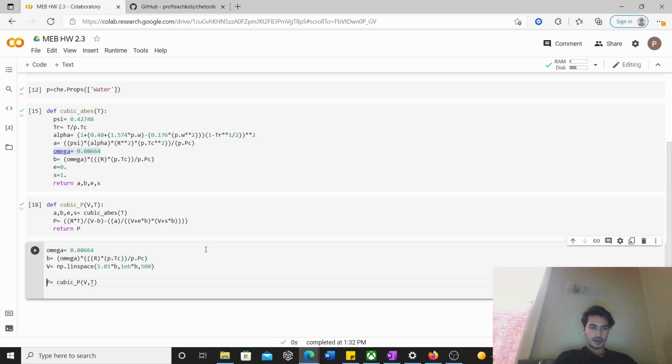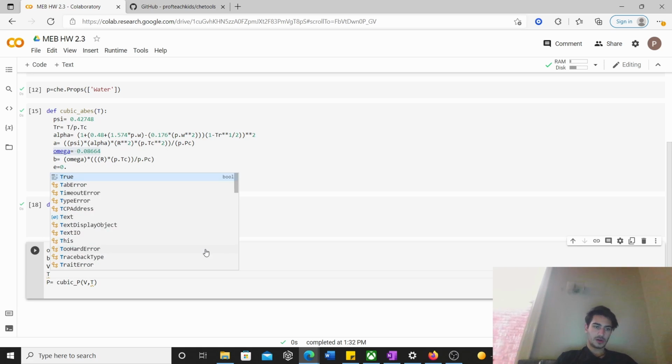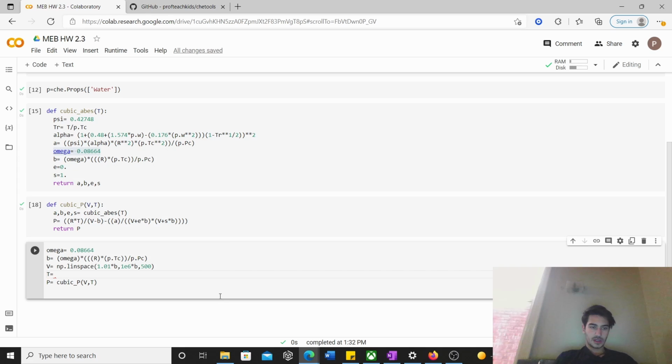Now we're also going to have to give it a specific temperature as well. And for now, we'll just start off to see how the plot looks, and then from there, if it looks good, we'll be able to make some different temperatures. But for now, we'll just start off with about 400 degrees Kelvin.